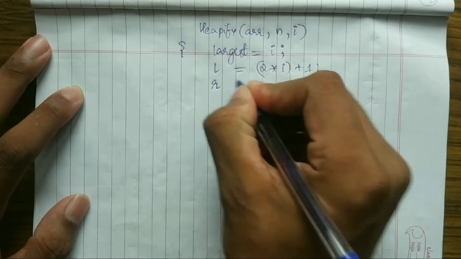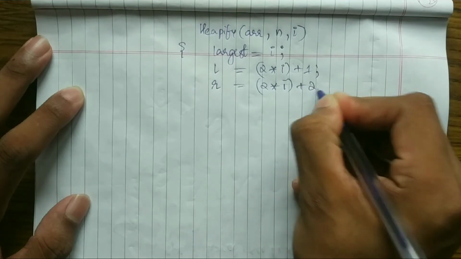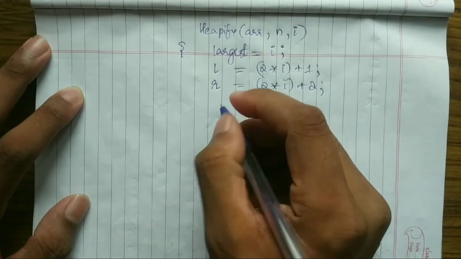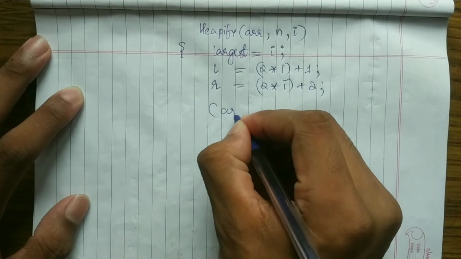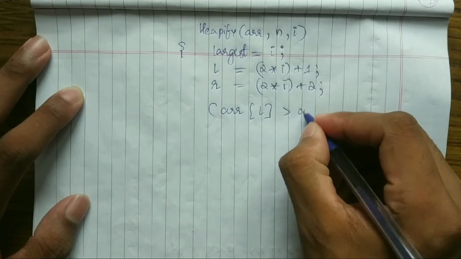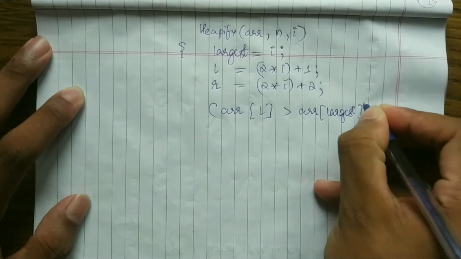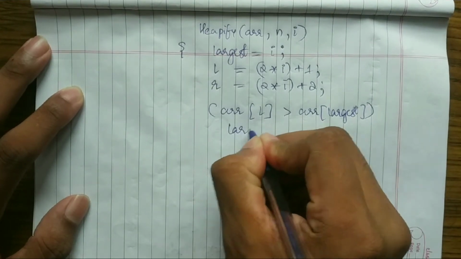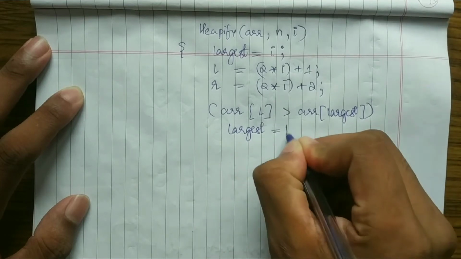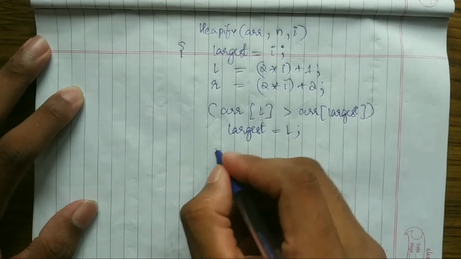The right child will be in the position of 2 into I plus 2. Okay, so now if array of left child is greater than array of largest, then let's point the largest to the position of the left node.